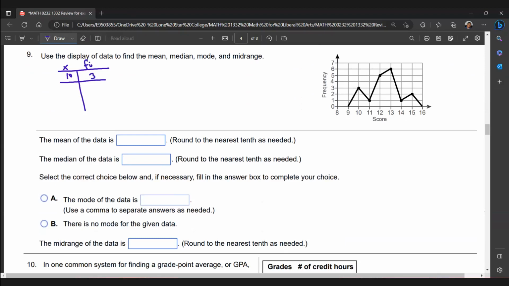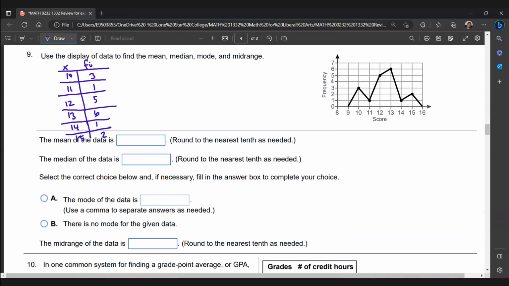The score of 11 shows up 1 time. The score of 12 shows up 5 times. The score of 13 shows up 6 times. The score of 14 shows up 1. And the score of 15 shows up 2 times. Okay.